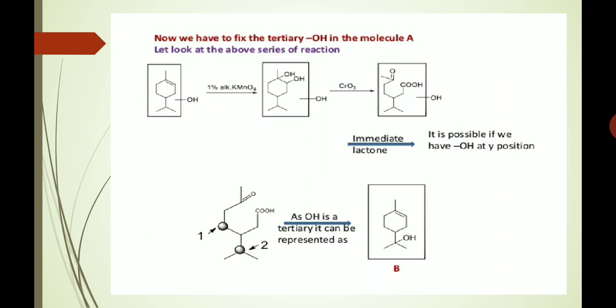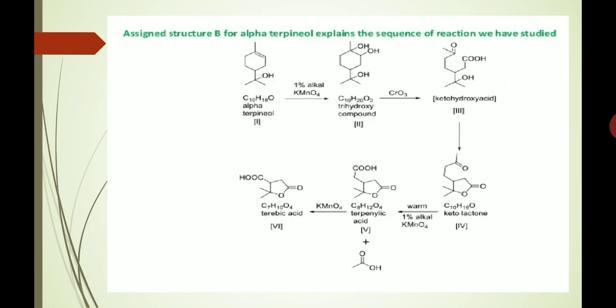So, as the OH is tertiary, it can be represented like this. So, we can assume the structure B for alpha terpineol.